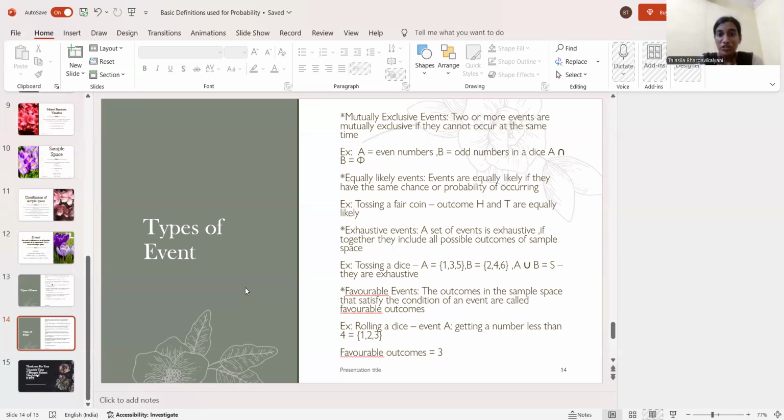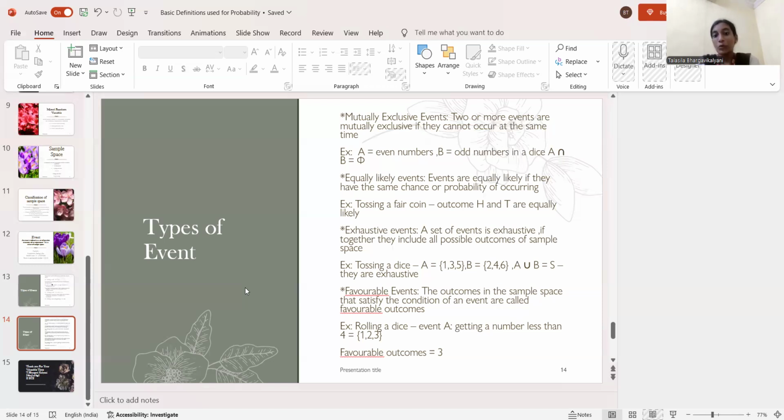Next, exhaustive event. Events are exhaustive if together they include all possible outcomes of a sample space. If we combine all the outcomes, it needs to equal the total sample space, such as tossing a coin, where A is the event of getting heads and B is the event of getting tails.